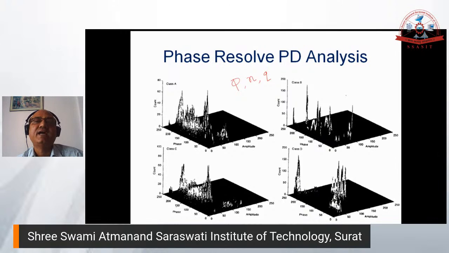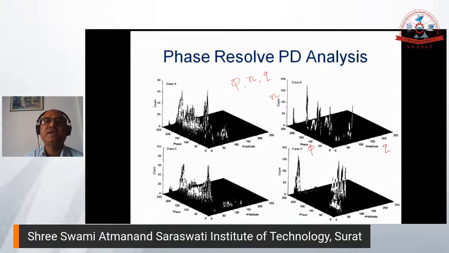So that way you can have a phase resolved PD pattern, and that gives the nature of the PD and the nature of the degradation. So this axis is phi, this axis is q, and this axis is n. So count, number of pulses n.